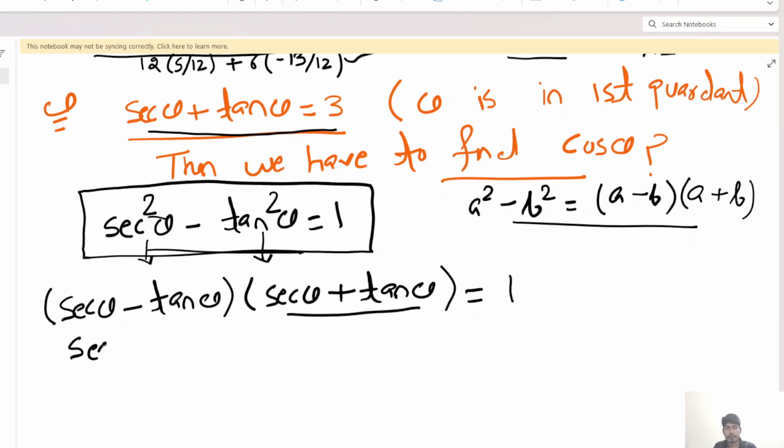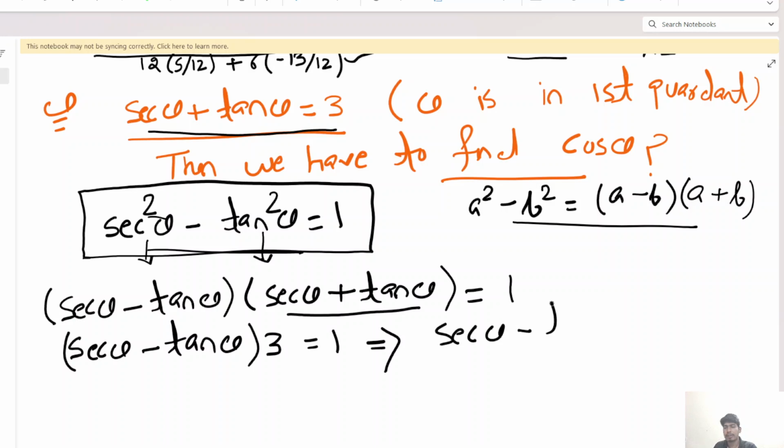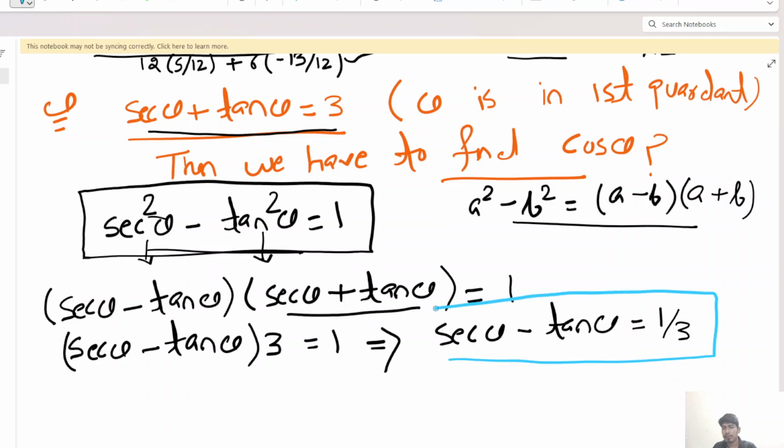Let's write sec theta minus tan theta into 3 is equal to 1. It implies sec theta minus tan theta is equal to 1 divided by 3, okay, 1 by 3. Then we have one equation is this and one equation is given.